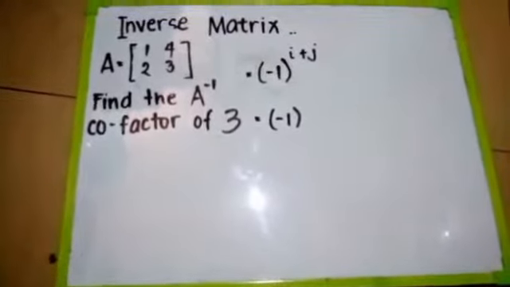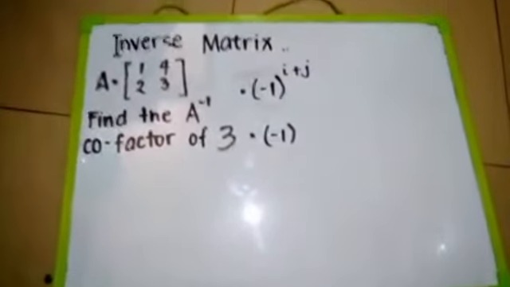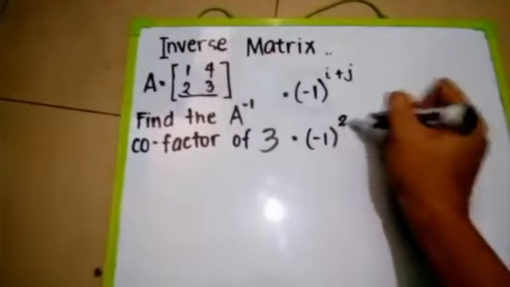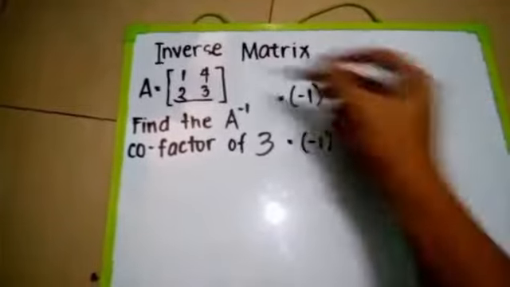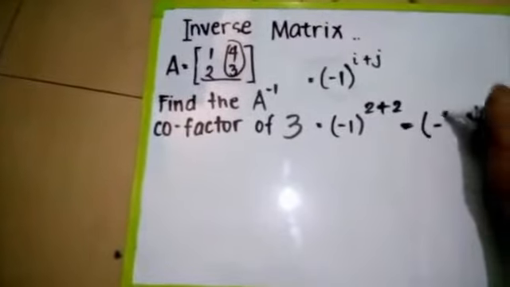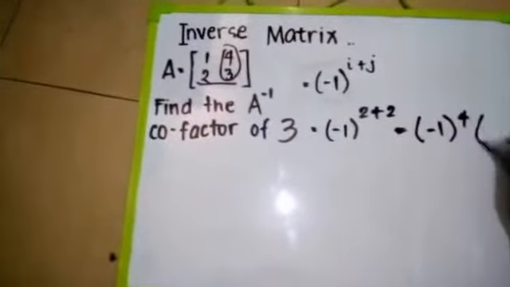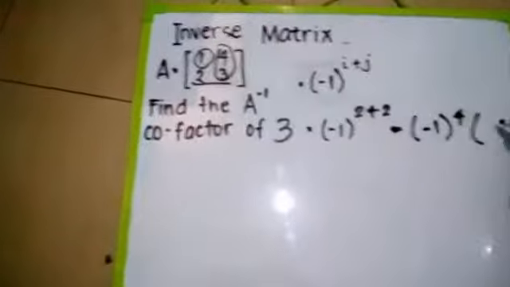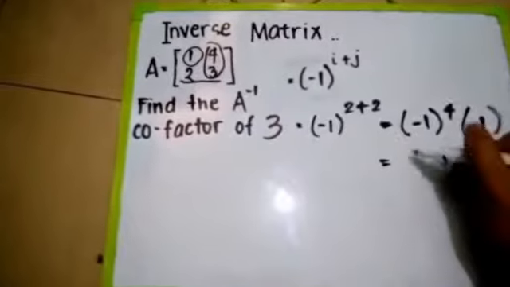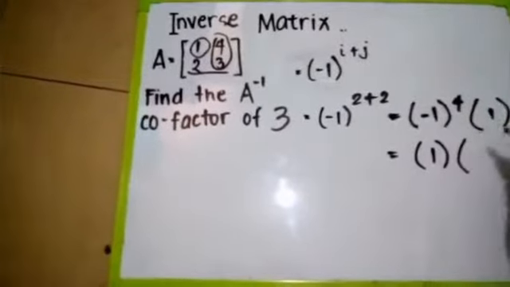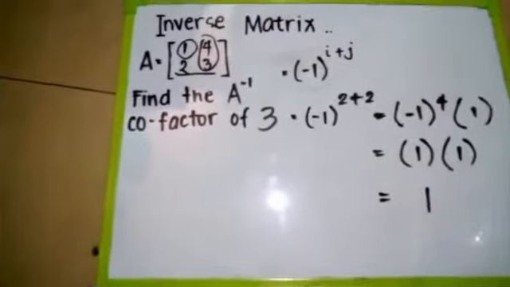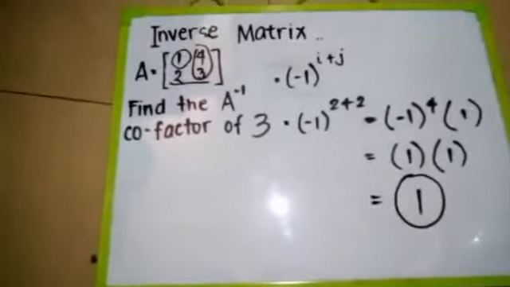The cofactor of 3 is equal to negative 1 raised to i plus j, where i is the number of the row, 2, plus j is the number of the column, 2, is equal to negative 1 raised to 4 times the least number, 1, is equal to negative 1 raised to 4 is equal to positive 1 times 1 equals 1, where 1 is the cofactor of 3.